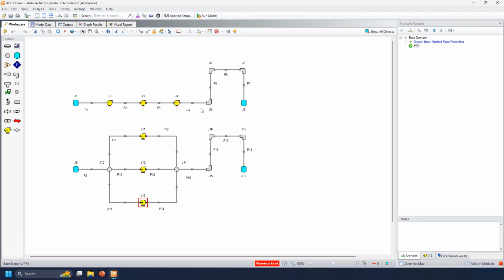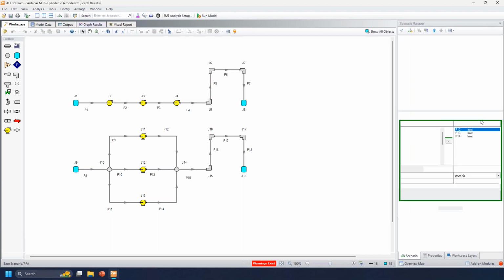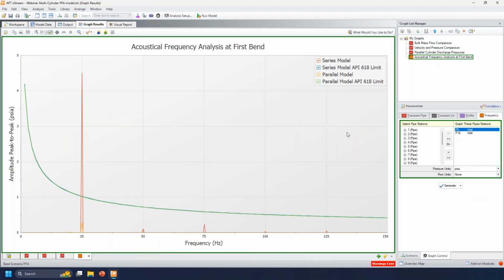So you would want to evaluate API 618 at every point in the system. For the sake of comparison, we are just going to choose at this bend here, going into pipe 16 and pipe 15. And we can see that the higher frequency behavior in the parallel model does not prevent it from passing API 618.